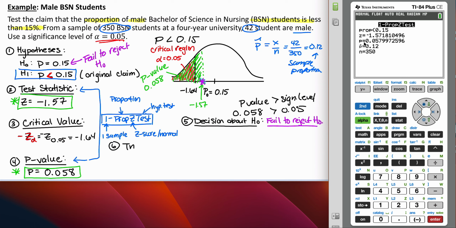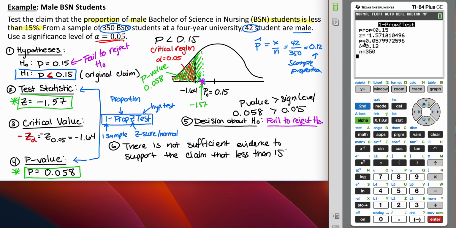This means that there is not sufficient evidence to support the claim that less than 15% of BSN students are male. Okay. All right. So that's how you would use your graphing calculator.